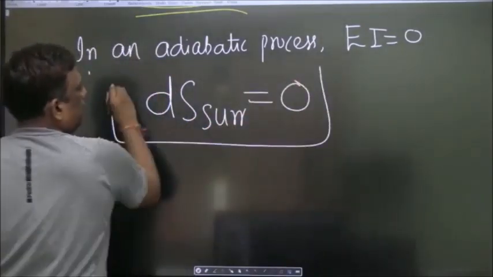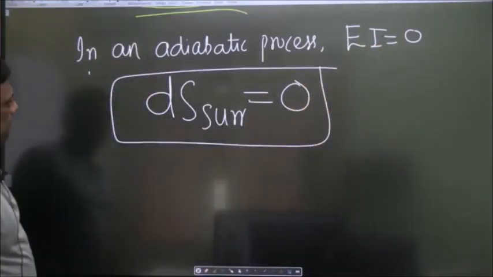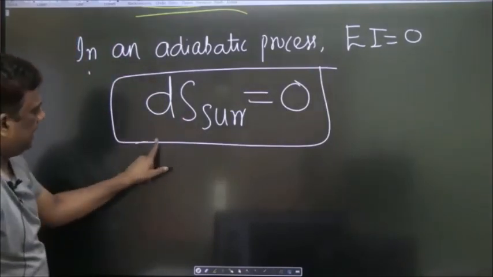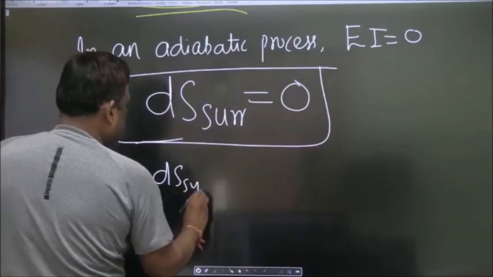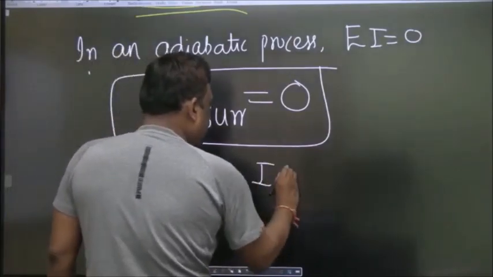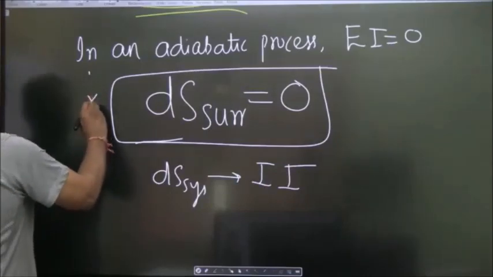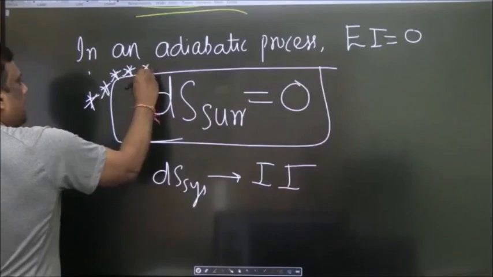And this is one of the important equations for an adiabatic process. In an adiabatic process, external interaction is zero, so the surrounding entropy change is zero, and the system entropy is changing only due to internal irreversibilities. This is one of the important conclusions in entropy.